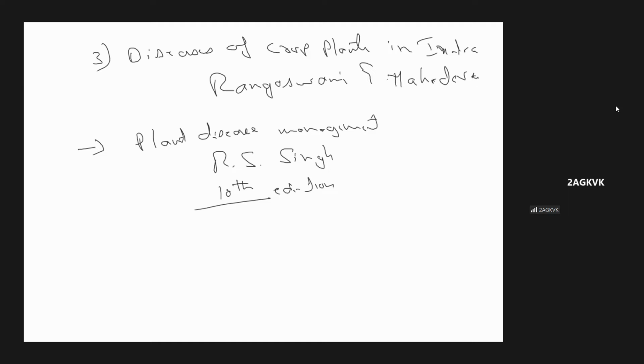This book again describes the diseases of field crops and a number of vegetable crops, and also the use of biocontrol, like biological control measures, for most of the plant diseases.